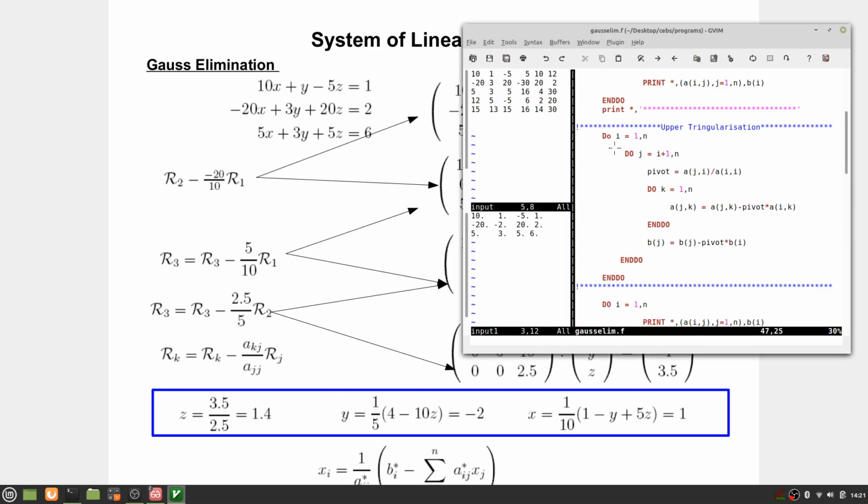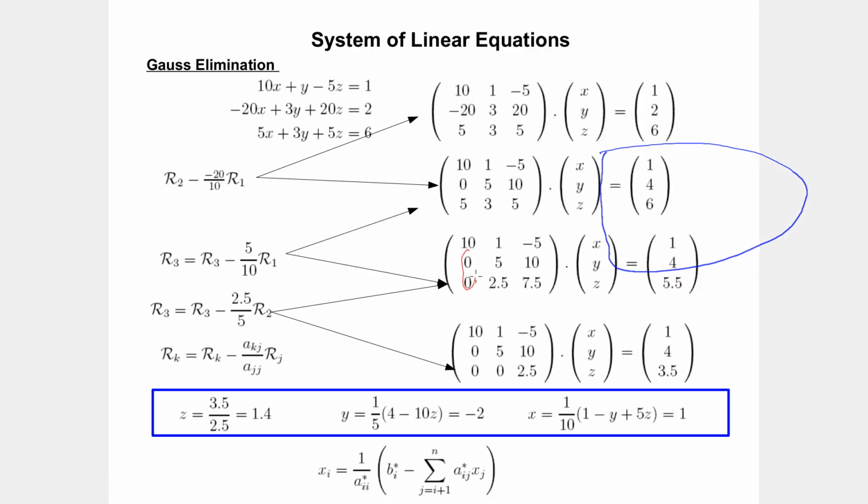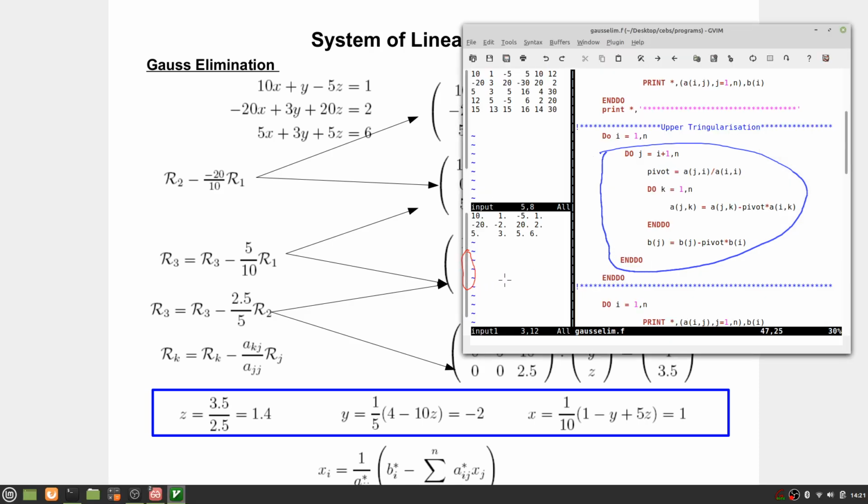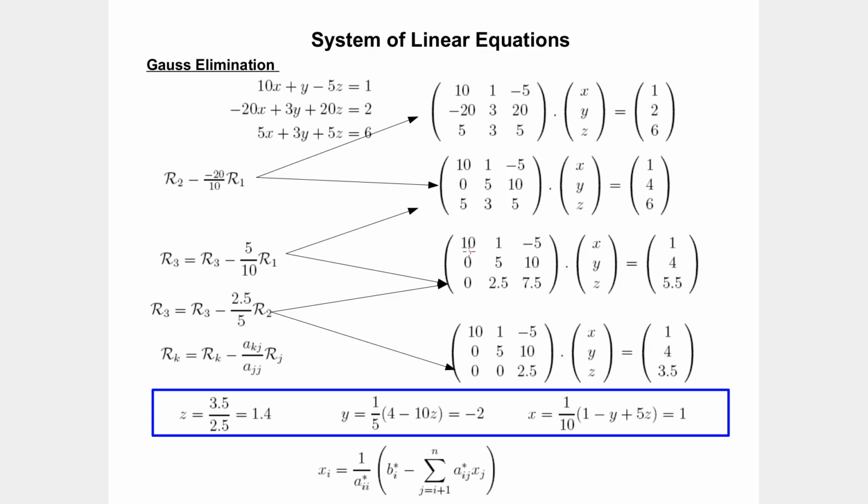This loop performs this zeroing. Okay, and after completion of this zeroing, fine. Now I shouldn't stop from there. After zeroing this one, I have to jump to the next element here that has to be 0.